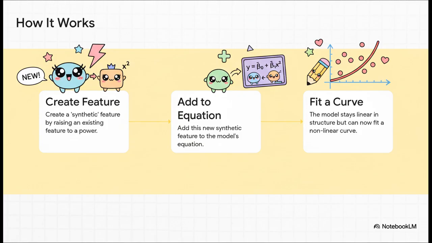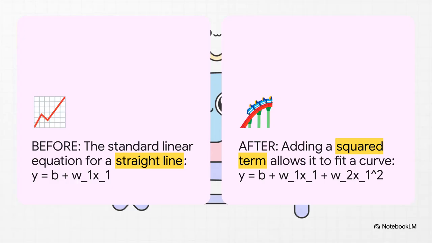We literally just take a feature we already have, let's call it x1, and create a new one by, say, squaring it. Then, step 2, we just add this new squared feature to our model. And here's the magic part. Step 3, the model itself is still linear. It doesn't change. It just thinks it has 2 input features now, and it learns a weight for each one. But because one of those features is just a powered-up version of the other, the final shape it can draw is a beautiful curve.